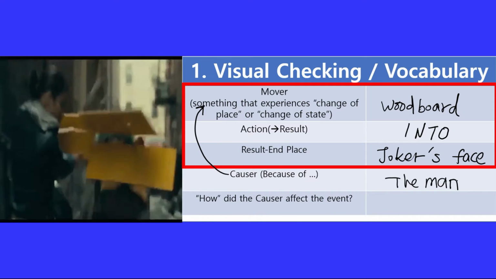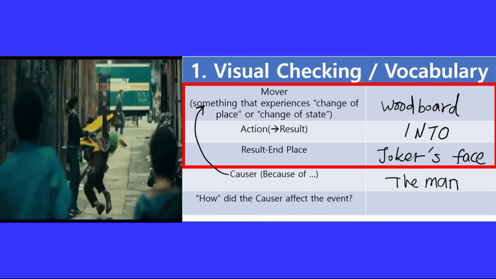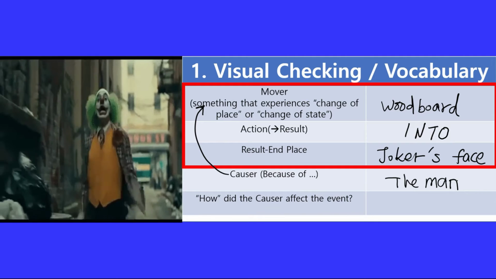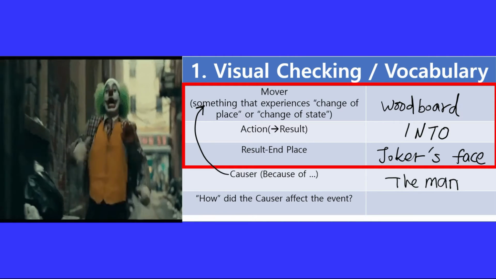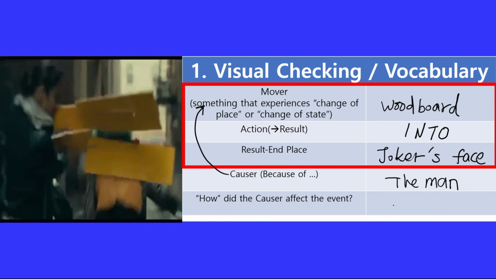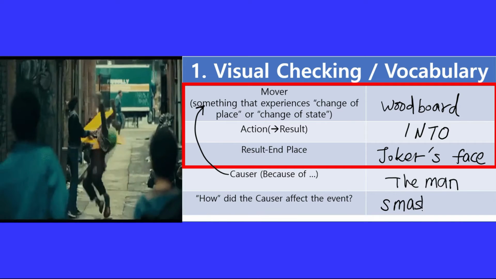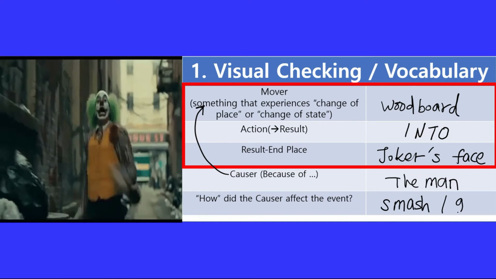And how did the causer affect the event, bold in red? Well, it's quite definitely showing that the man is smashing the wood board. So in this case, the manner verb is smash. But if you don't know the meaning of smash, then you can use the word get.